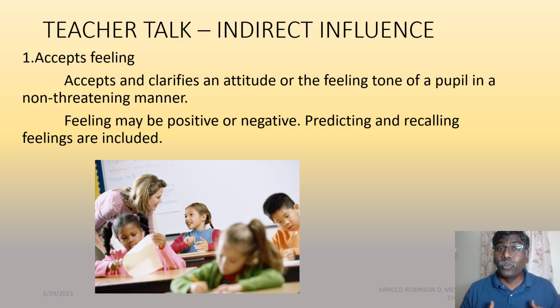When a student wants to communicate something, the teacher accepts the feelings of the student. If the teacher is ready to communicate, he will observe the students' feeling and speak according to that. Feelings may be positive or negative. Predicting and recalling feelings are included in the teacher's talk.